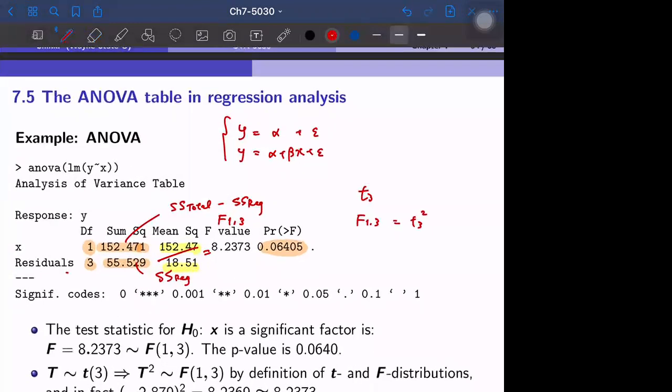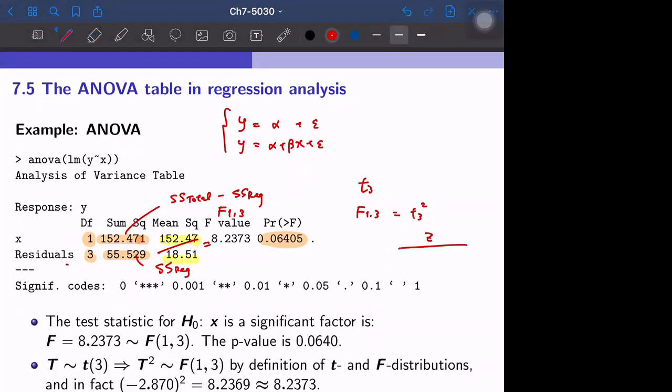Remember that the t distribution is defined by the standard normal divided by the square root of z1 squared plus z2 squared plus z3 squared, divided by 3, and the F distribution is basically z squared over z1 squared plus z2 squared plus z3 squared, again divided by 3.